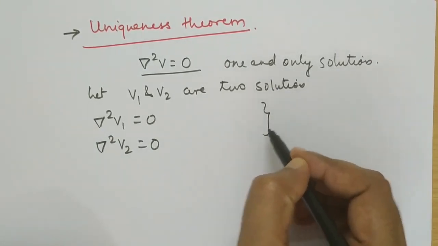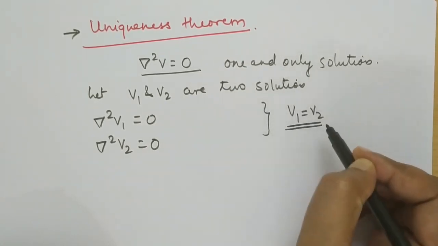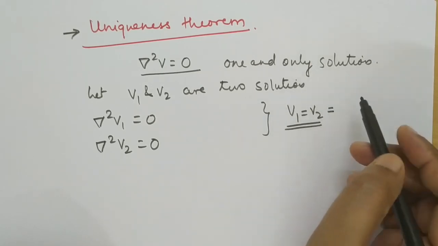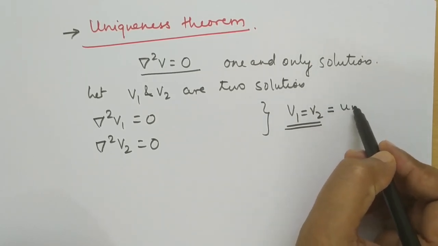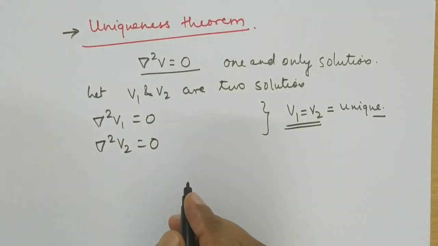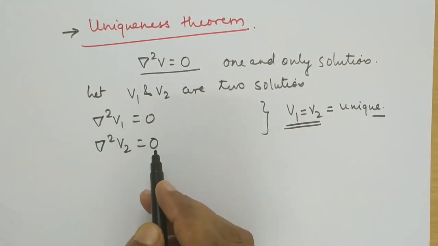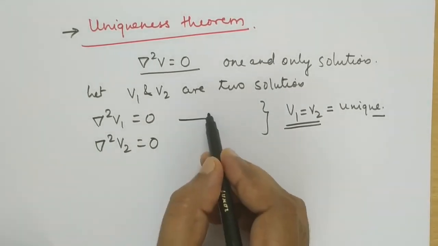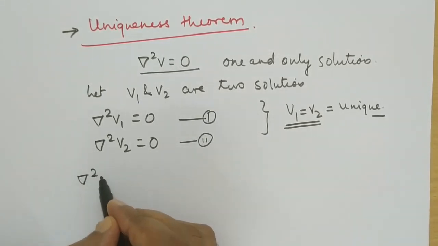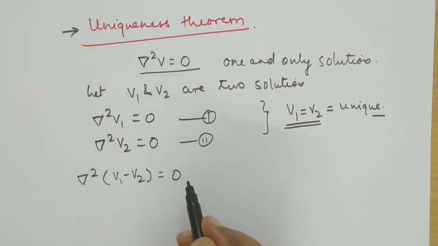If we are able to prove that V1 and V2 are the same, we can say that only one solution is possible, and that will be the unique solution, and hence we prove the uniqueness theorem. So to start, let us take these two equations and take the difference of the two. What we get is del 2 of V1 minus V2 equal to 0.